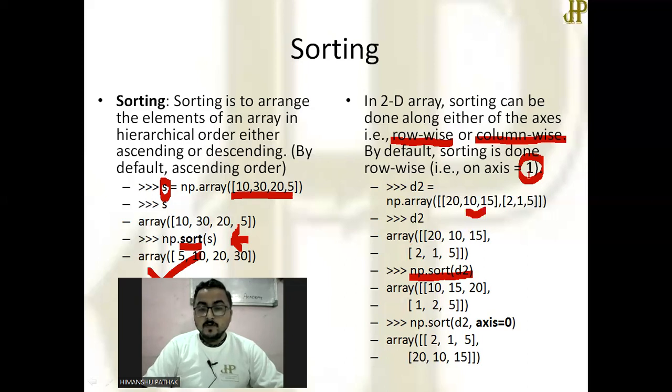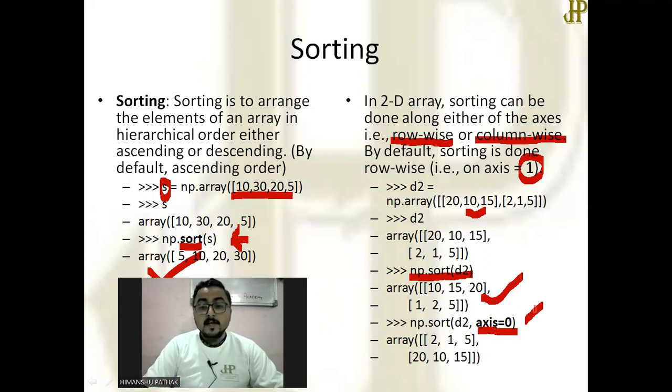So first of all, it sorted 20, 10, 15 as 10, 15, 20. After that, the second row, 2, 1, 5 as 1, 2, 5. So here you can see that row wise sorting is executed. Now, I supplied axis equal to 0.